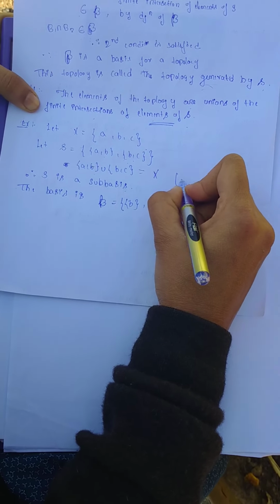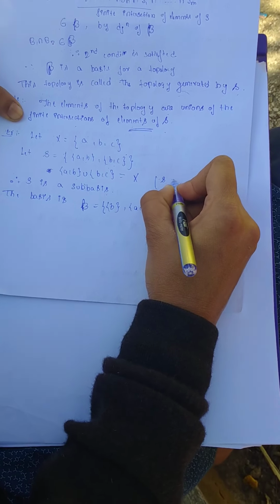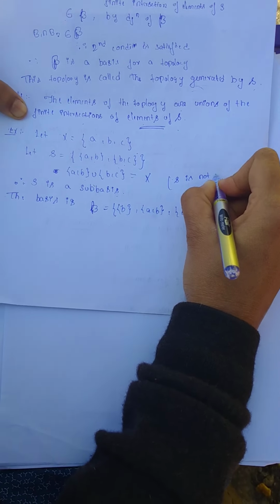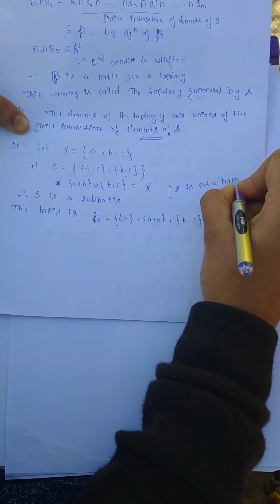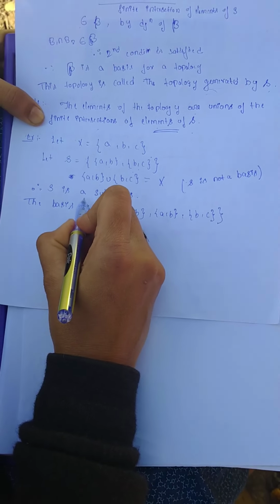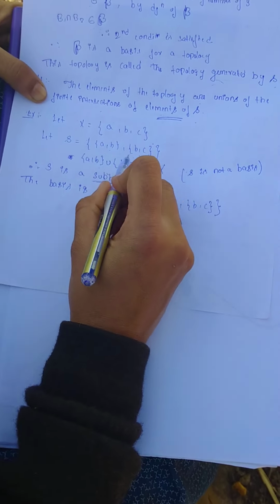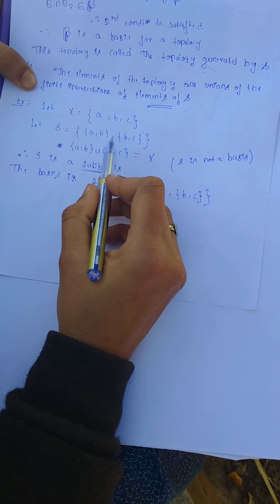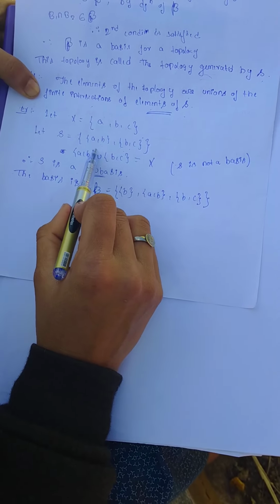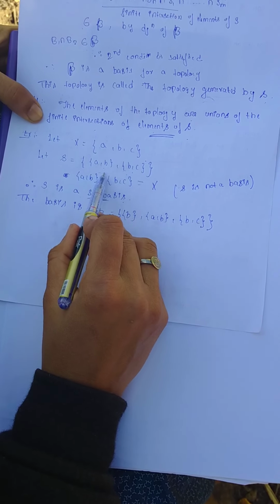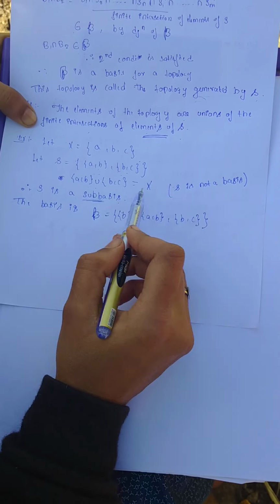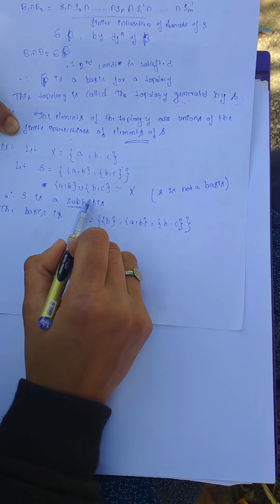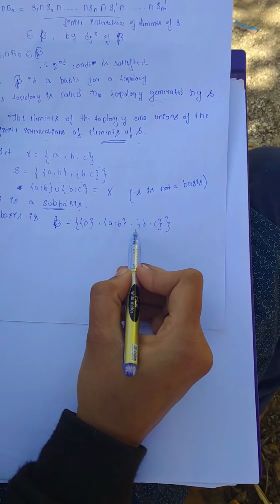Note that S is not a basis. S is only a subbasis. Look at the two elements. You take their intersection. b belongs to their intersection, but there is no element of the collection containing b and contained in the intersection. So it is not a basis. The basis is this.